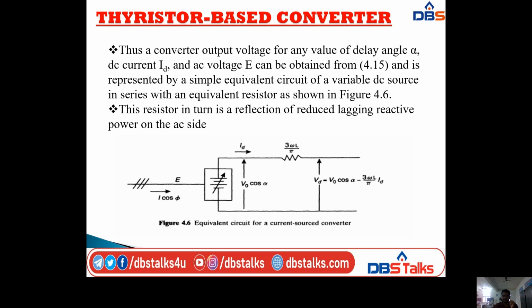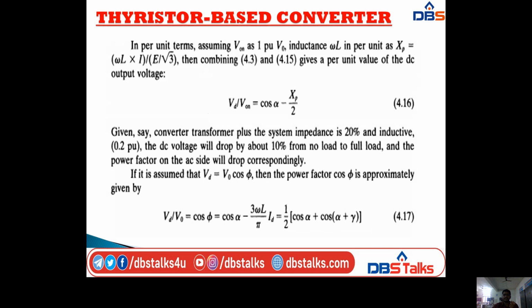Next, in per unit terms, assuming V naught as 1 per unit, the inductance omega L in per unit is XP equal to omega L into I by E by root 3. Combining those two equations gives the per unit value of the DC output voltage: Vd by V naught is equal to cos alpha minus XP by 2.